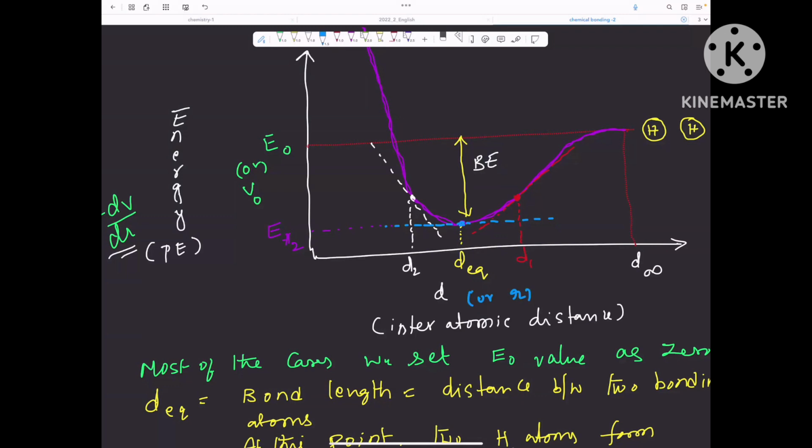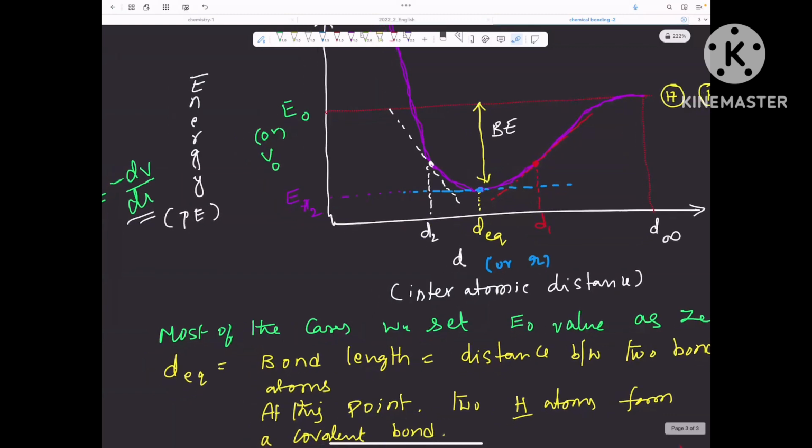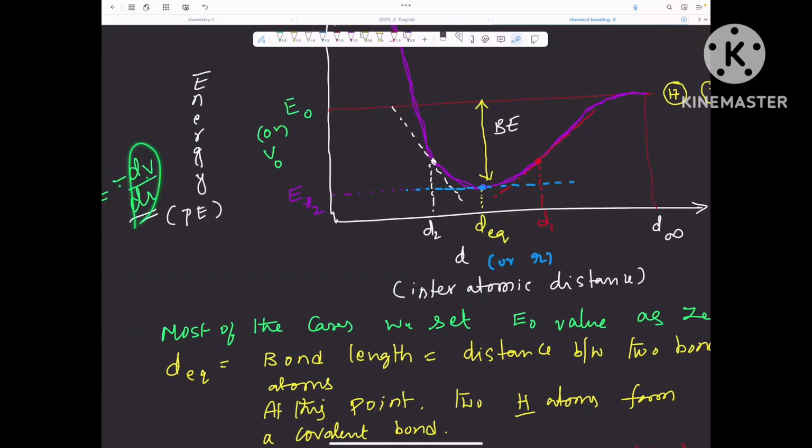It is our convention. We can use anything. Now let us make a slope at D1. Then the slope is clearly positive. If dV by dr is positive, the negative of positive is negative. Therefore, in this zone, there are attractive forces.